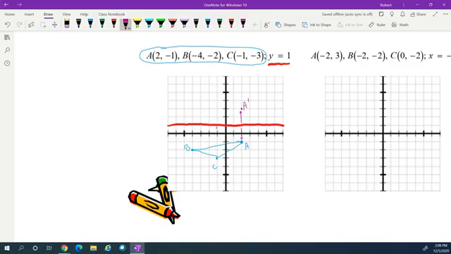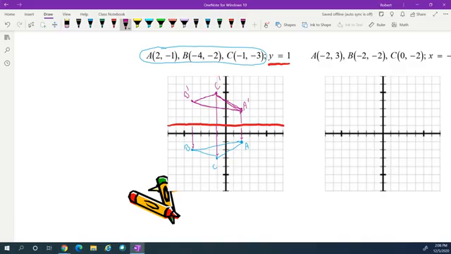C is 1, 2, 3, 4 down. So now we're going to go 4 up. 1, 2, 3, 4. B out here is 3 below the red line, so we're going to go 3 above the red line. Connect the dots. And you have your reflection.